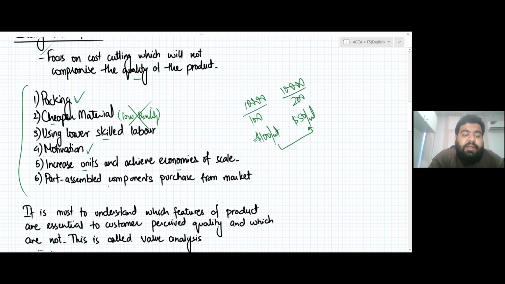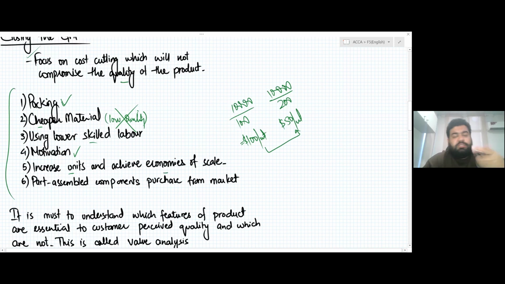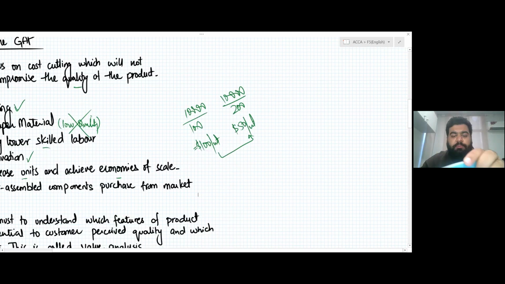After that, part assembled components purchased from the market. Just for example, take this calculator. I'm making the complete calculator, but the screen I'm using costs me $2. Now I find a supplier who can sell me this screen for $1. I am making it myself for $2, but the supplier is giving it to me for $1.